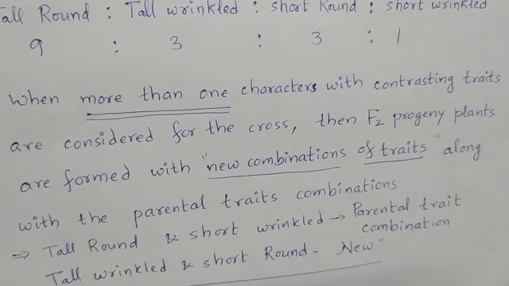When more than one characteristic with contrasting traits is considered for the cross, then F2 progeny plants are formed with new combinations of traits along with the parental old combinations. So tall round and short wrinkled are the parental trait combinations. Tall wrinkled and short round are the new combinations.